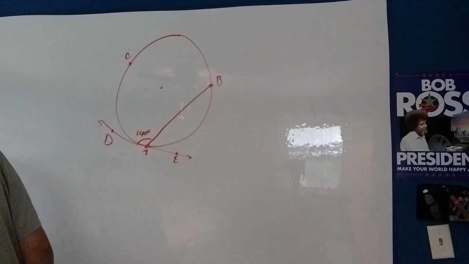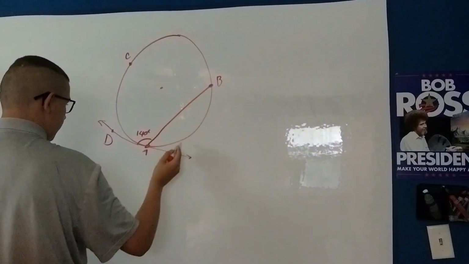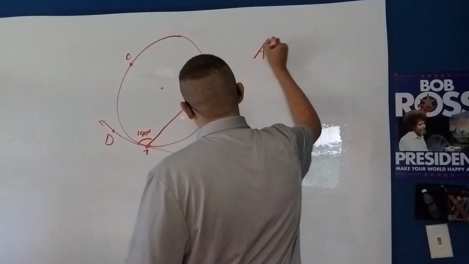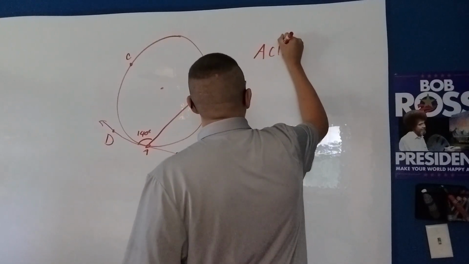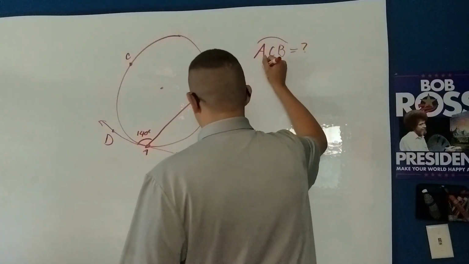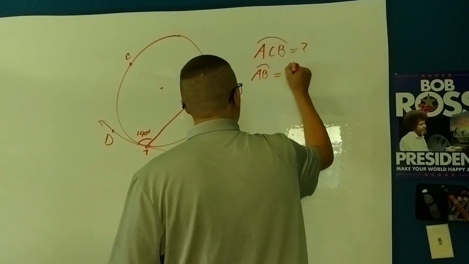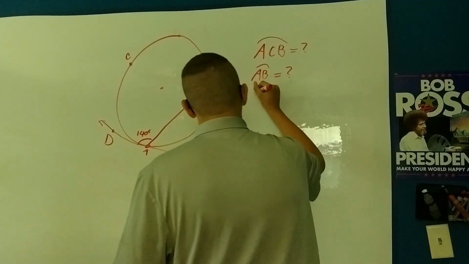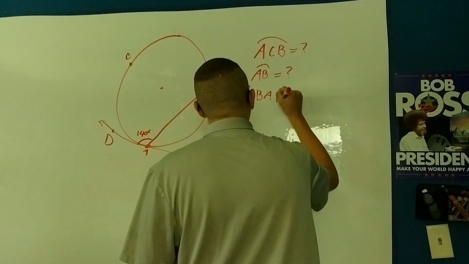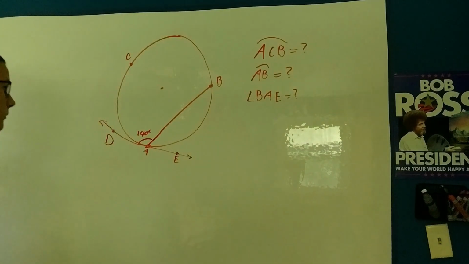And I want you to find angle ABE, angle A, B, E. We also want to find arc AB, and we want to find angle BAE. Like that. So see if you can do it on your own.